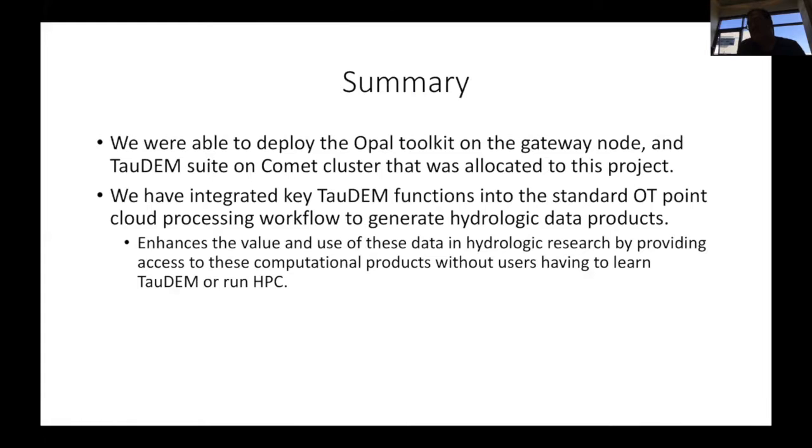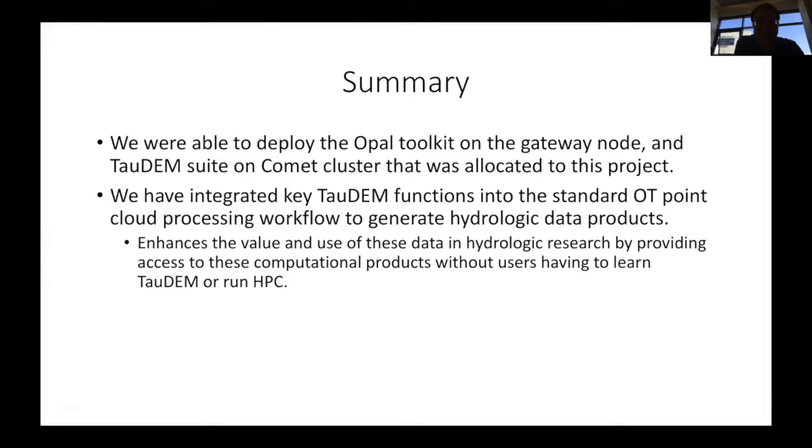Okay, and last, this is the summary. We were able to deploy Opal Toolkit on the gateway node and the TauDEM shoot of the Comet cluster that was allocated to this project. So we have integrated the key TauDEM functions into the standard OT cloud processing workflow and generated the hydrologic data product.